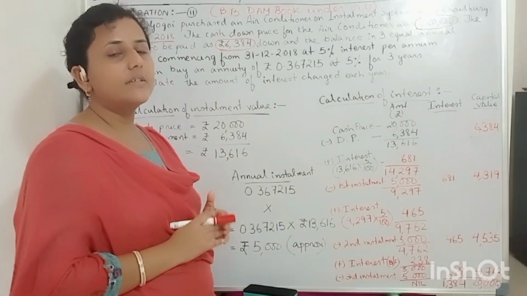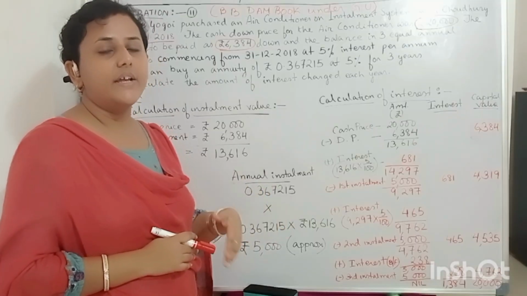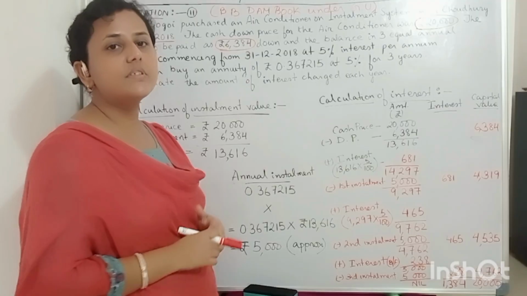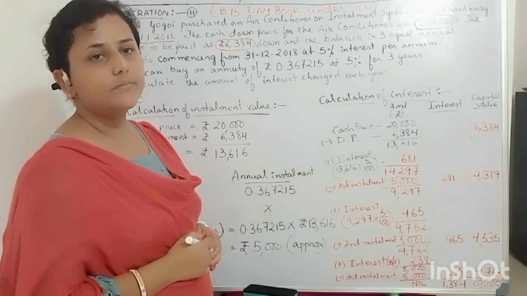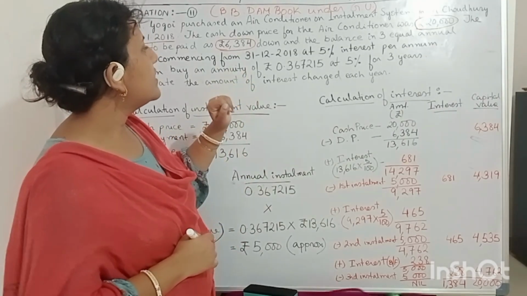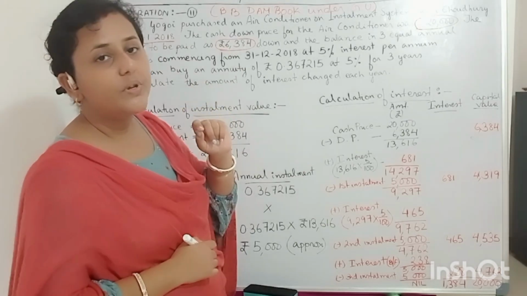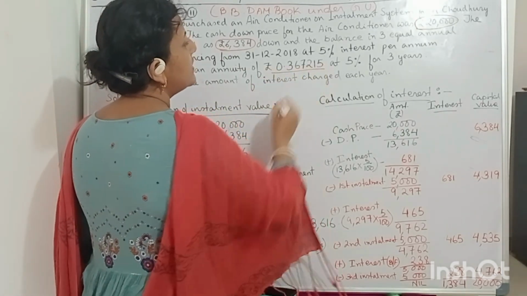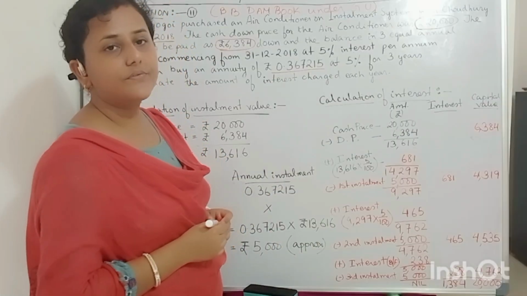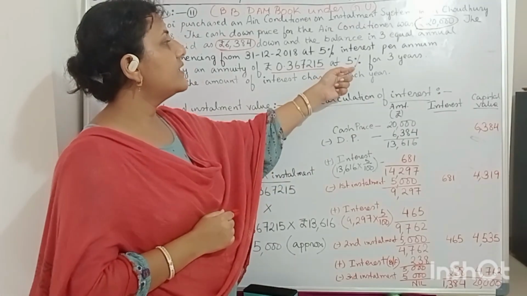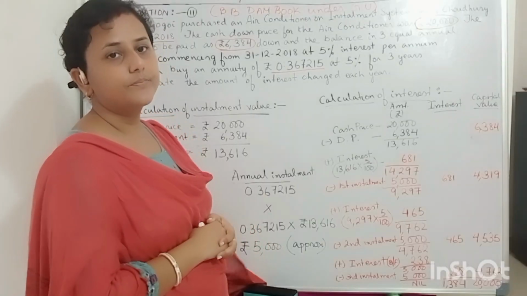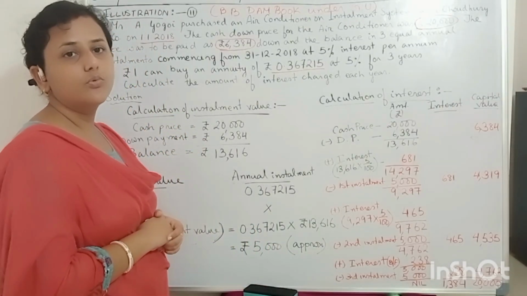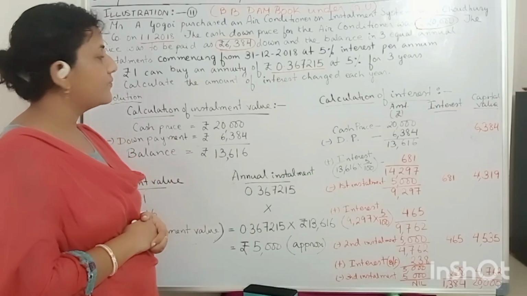Annuity means what? It is a payment at regular intervals. So here payment at regular intervals is what? Installments. Yes or no? So what is the installment value given for ₹1? It is 0.367215 at 5% interest for 3 years. So ₹1 is the present value, or the cash price.